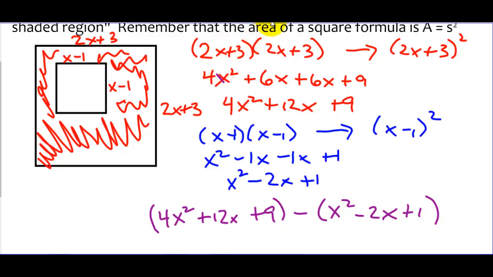And we said when we do subtraction, we really want to distribute this minus into all of these. So instead, x^2 will be negative, this will be a plus, and the plus 1 here instead is going to be a minus sign.